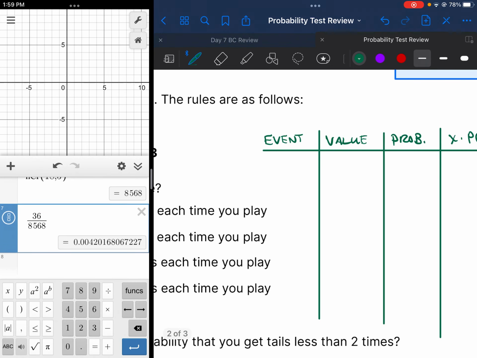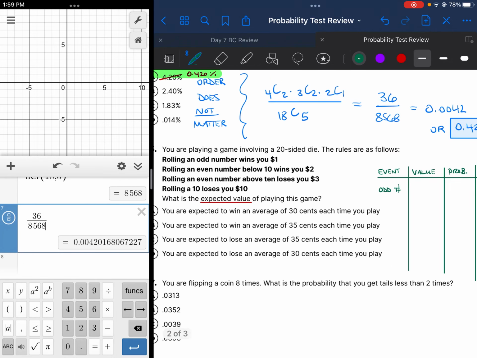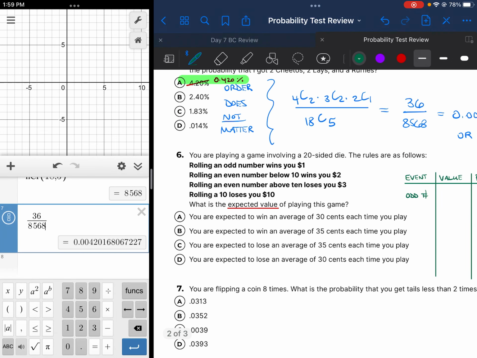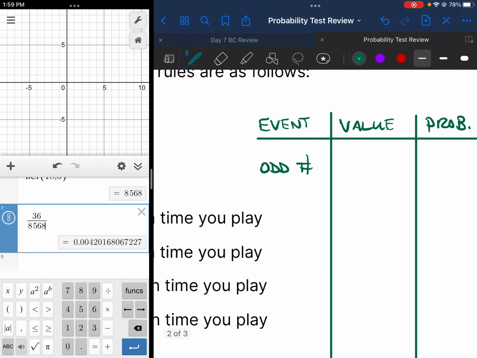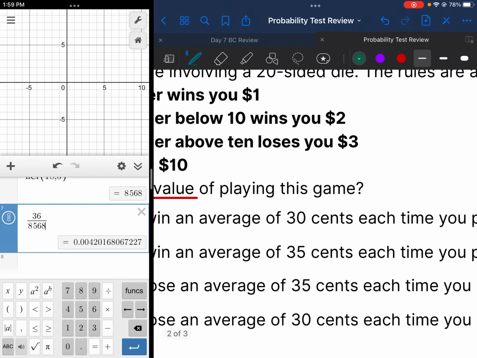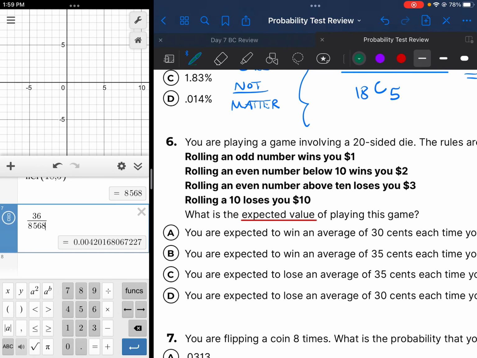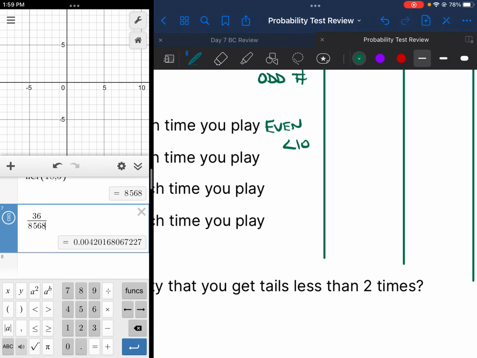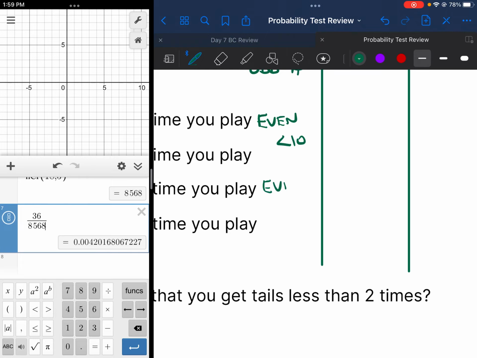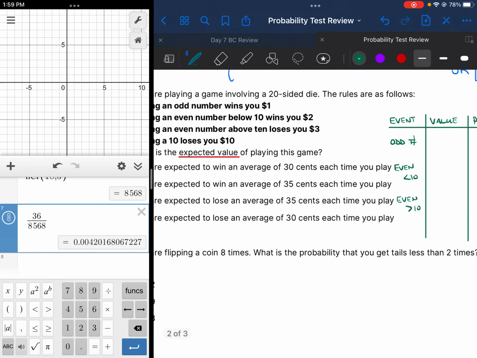So event 1, we'll just call it odd number. Event 2, rolling an even number below 10. So I'll just say even less than 10. We could have roll an even number above 10. So even greater than 10. Or we could just roll a 10 outright.